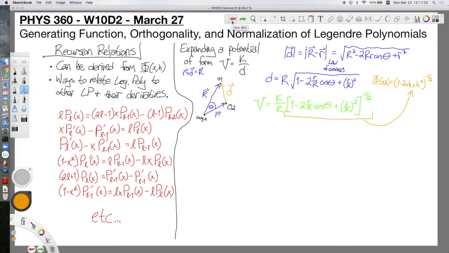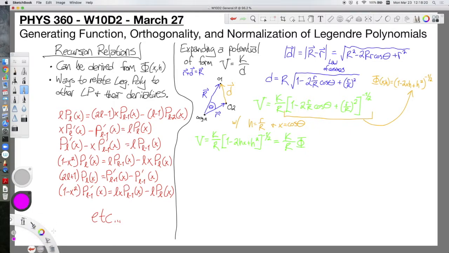So, if we get back to the right page of my notes here, if we let h be little r over big R, and we let x be cosine theta, that means we can write our v as k over big R times 1 minus 2hx plus h squared to the negative 1/2 power, or k over big R times our generating function.